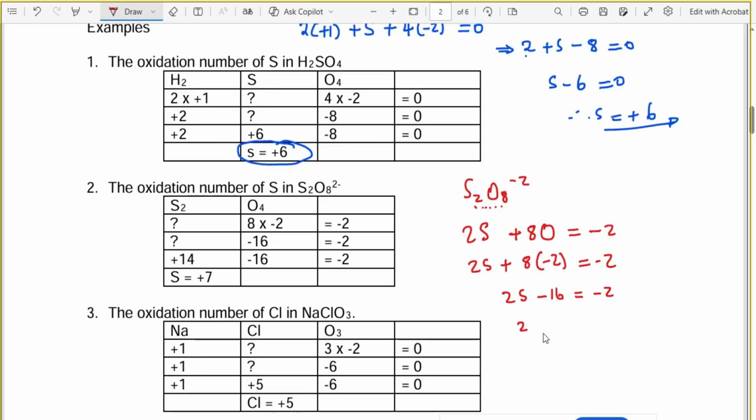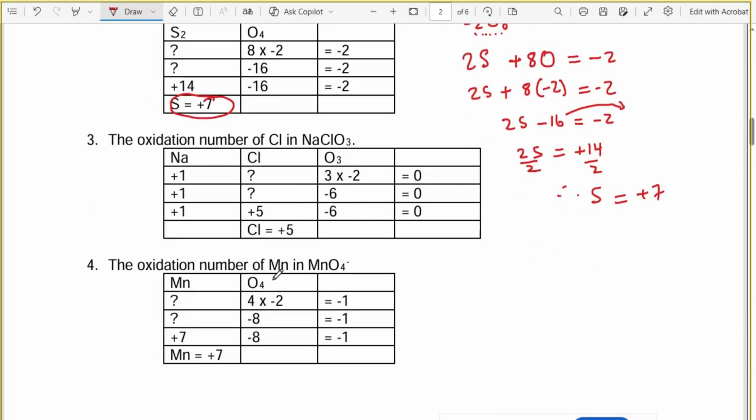So 2S equals, the 16 comes to this side to be positive 16, which gives us positive 14. Divide both sides by 2. Therefore, the oxidation number of sulfur in that S2O8 2 minus is positive 7. So this is how they got that positive 7. You understand? Yes, sir, I get it.